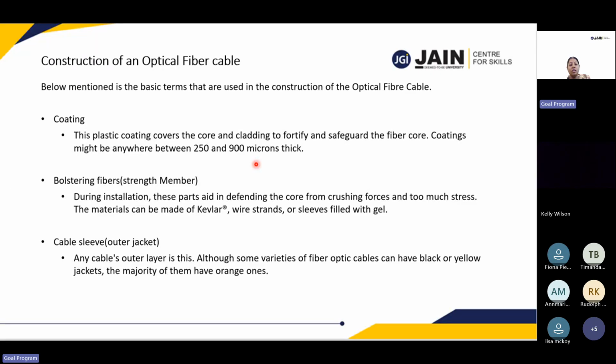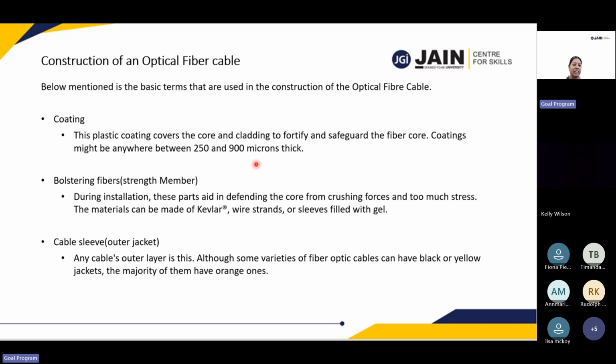So there is a strength member called bolstering fibers. Now these parts are defending the core from crushing forces. That means it is somehow safeguarding the core from the crushing forces and too much stress. The material can be made up of Kevlar, wire strands, or sleeves filled with gel.